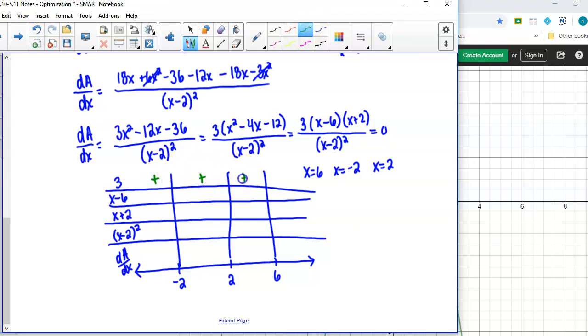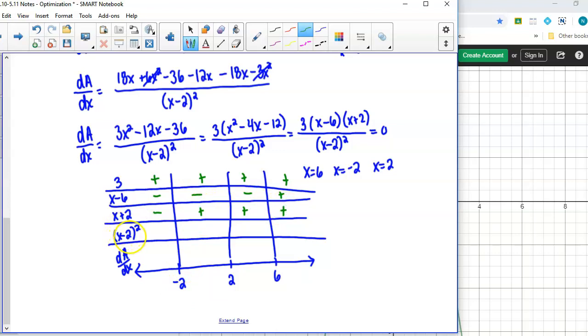3 is always positive. x minus 6 is going to be negative all the way till you get to 6, and then it's going to turn positive. x plus 2 is going to be negative for anything below negative 2, but then it's going to turn positive.